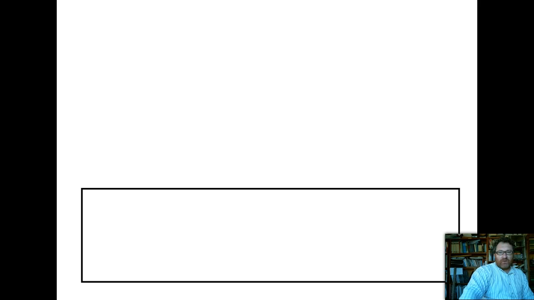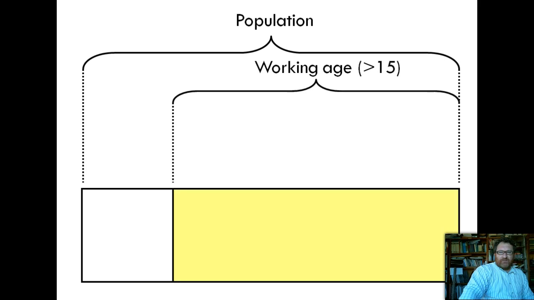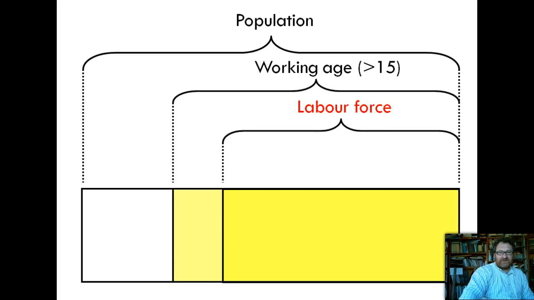So, just to visually represent that, start off with the population. Of that population, there are people who are of working age. That is, people who are over 15 years. So, the rest of the population, sorry, we'll get to them.